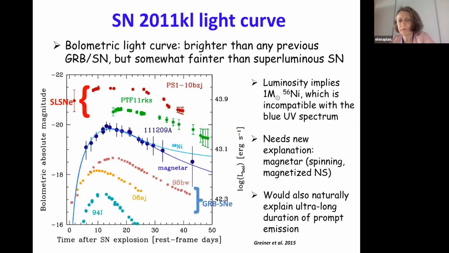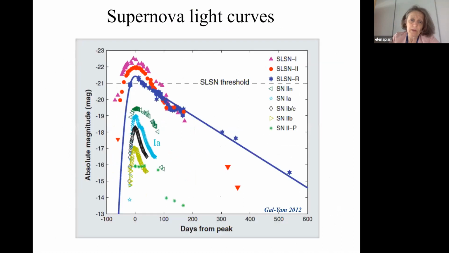So this would be different from regular gamma ray burst supernovae, where we think that the final compact remnant is a black hole. So this is to give you an idea of this supernova.